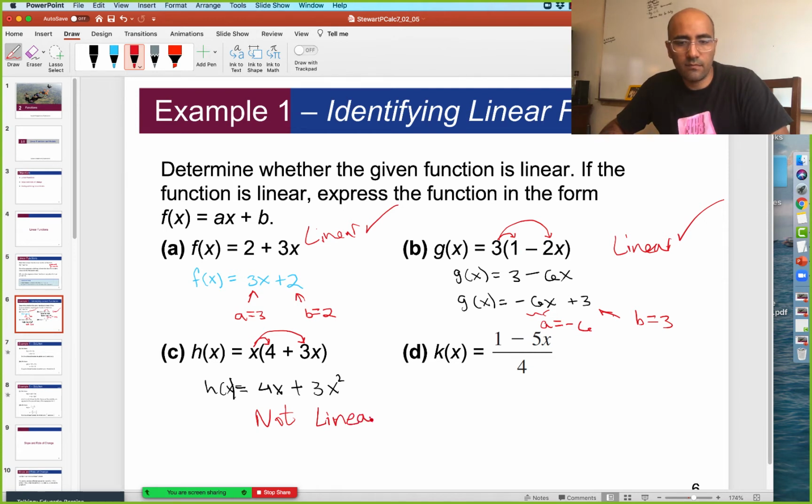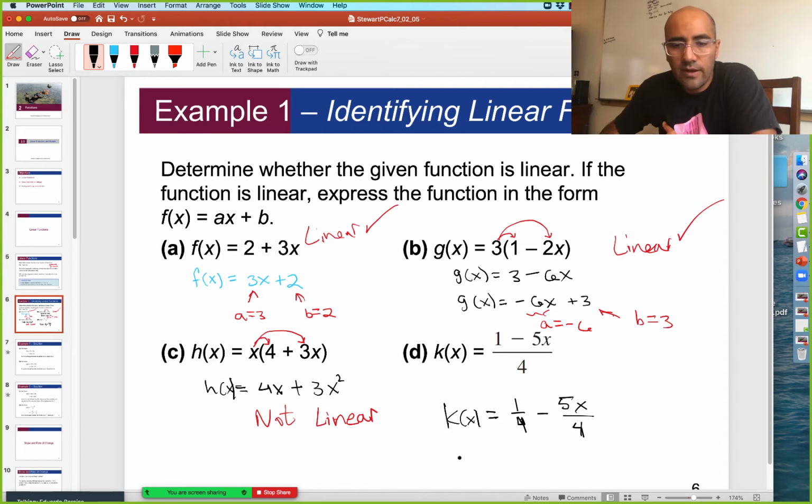Okay, this one, all we have to do is separate this into two separate fractions and reduce. So this one we can simplify as k of x equals 1/4 minus (5x)/4, so separated into two separate fractions.